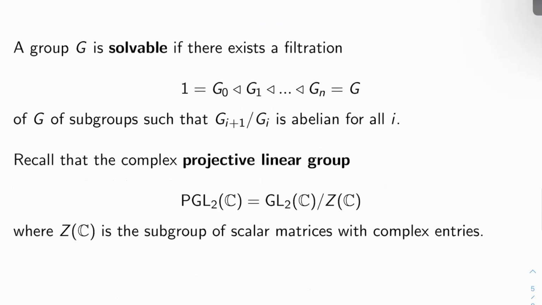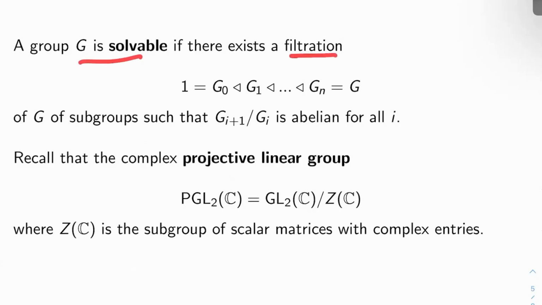But first, some definitions. A group G is solvable if there's a filtration 1 equals G_0, G_0 is normal in G_1, G_1 is normal in G_2, and so on, all the way up to G_{n-1} is normal in G_n, and G_n just equals G, of subgroups. And all I want to do is require that the successive quotients are abelian for all i. So G_{i+1} mod G_i should be abelian for all i.